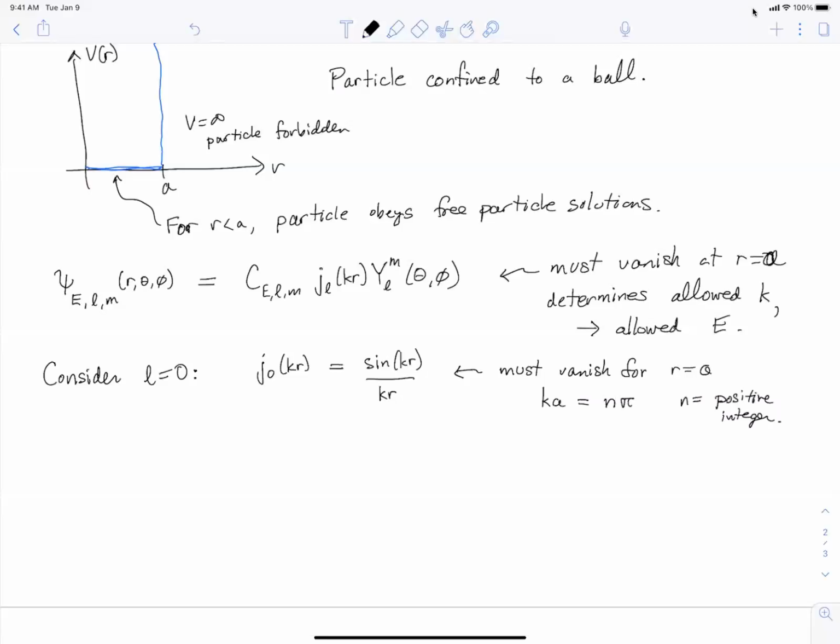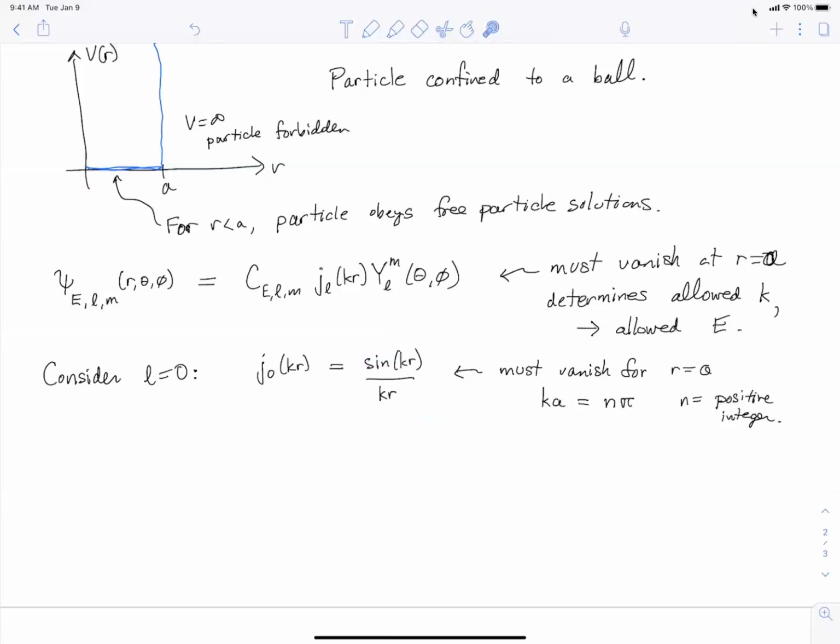Why is it a positive integer? If it was a negative integer, we would actually get back the same solution, because sine kr over kr, if I flip the sign of k, just gives me the same thing back, because they're both odd functions. And n equals 0 would give me 0 over 0, which is not well defined. So that's not a solution, not an independent solution either.